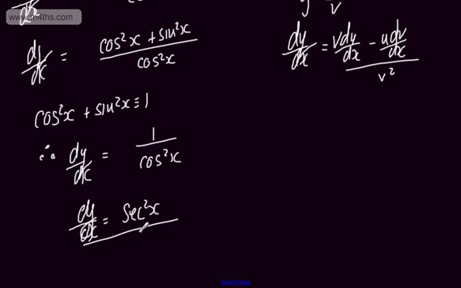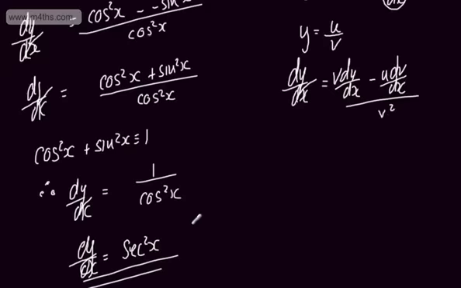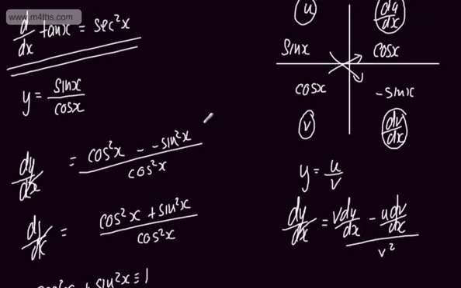And you might just want to put a note that 1 over cos squared x is sec squared x. So all we've done is use the quotient rule to show one of our standard results. The standard result is that the derivative of tan x with respect to x is sec squared x.